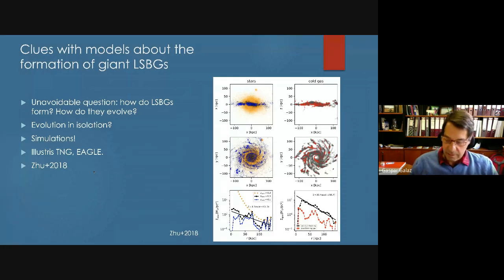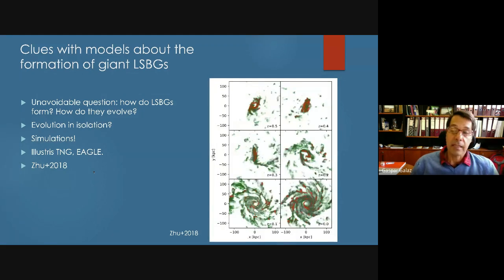I will accelerate this presentation a little bit, but you can reproduce many of the things that you observe: the gas and the stars. Of course, the molecular gas is not derived in this simulation, but you can obtain the atomic gas, and roughly speaking it's okay. They can reproduce most of the things that we observe in Malin 1.